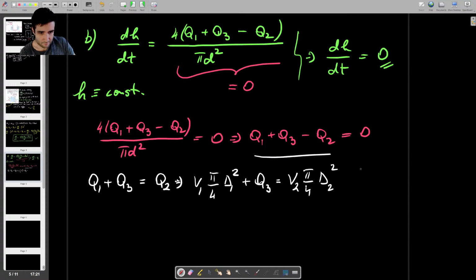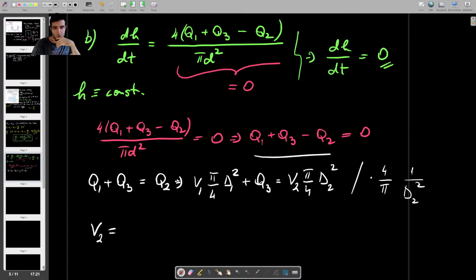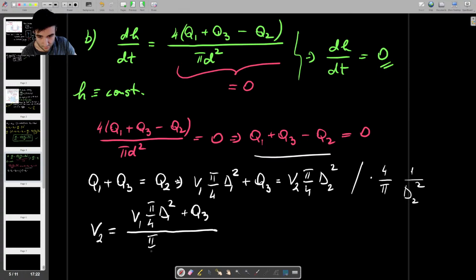So if I multiply by 4 over pi times 1 over D2 squared, then the equation becomes V2 equal to everything on the right divided by pi over 4 D2 squared. So we have this plus Q3, divided by pi over 4 D2 squared.